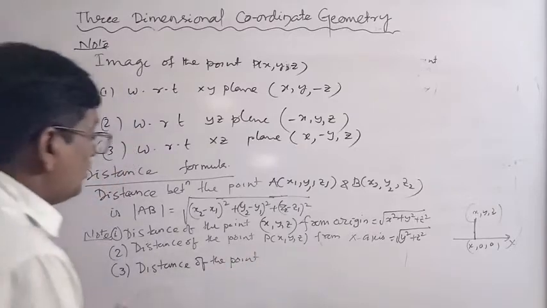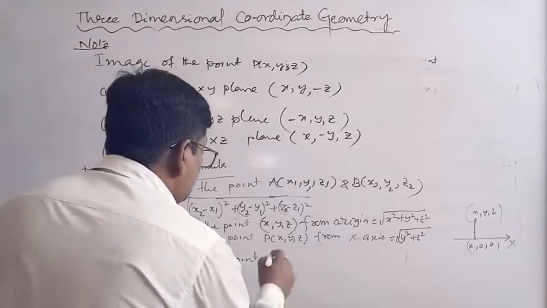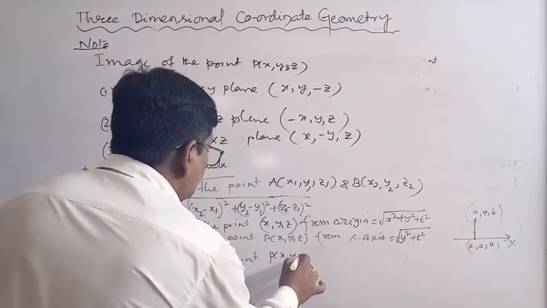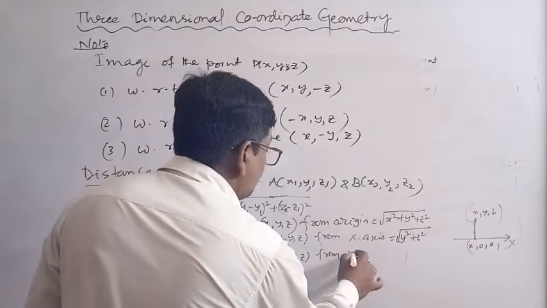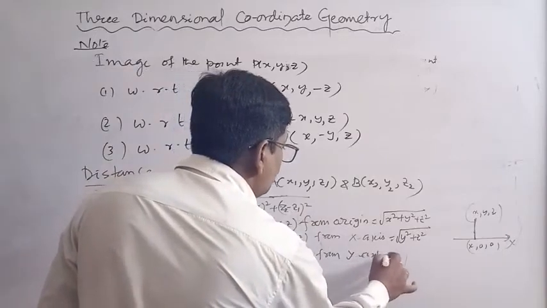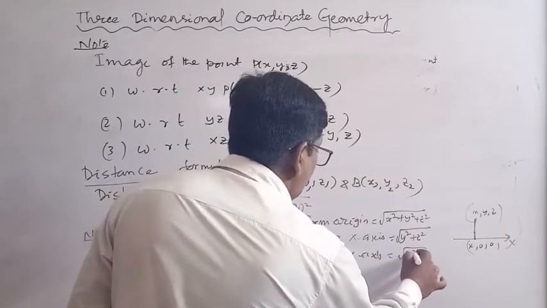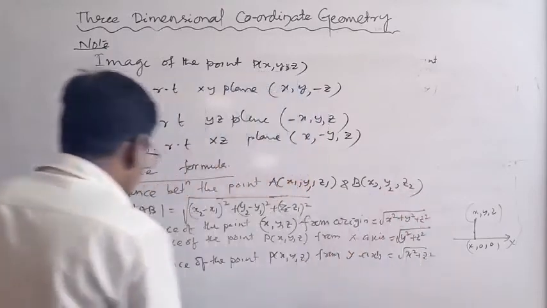Similarly, we get the distance of the point P(x, y, z) from the y-axis is equal to root over x square plus z square.